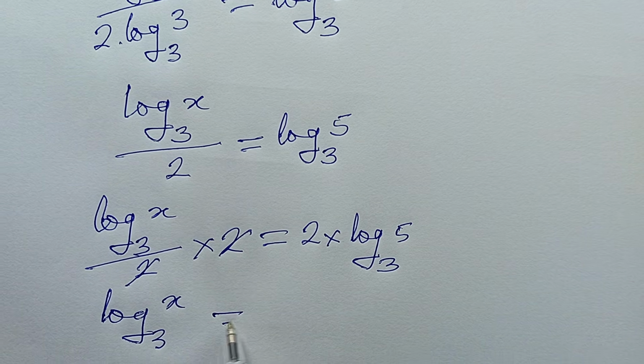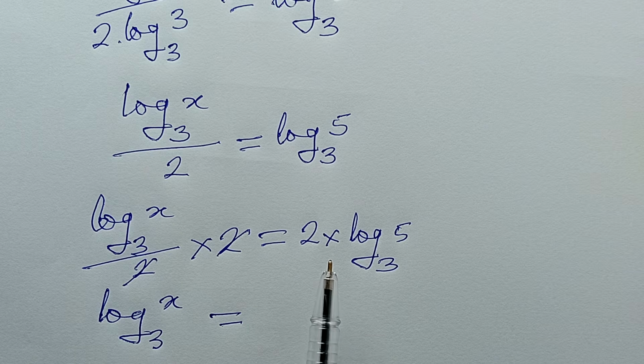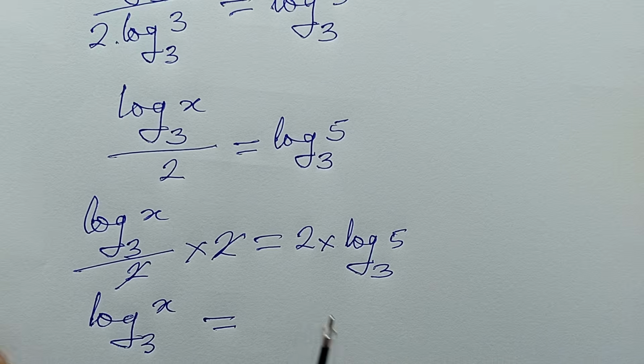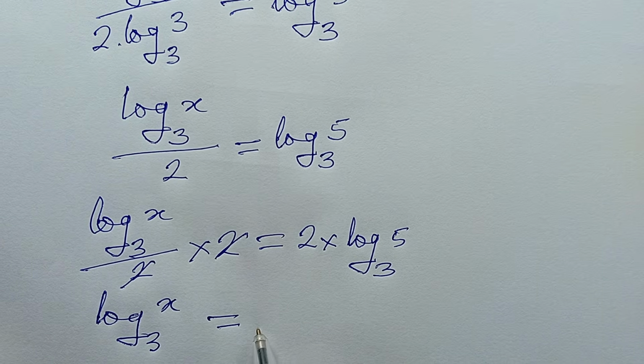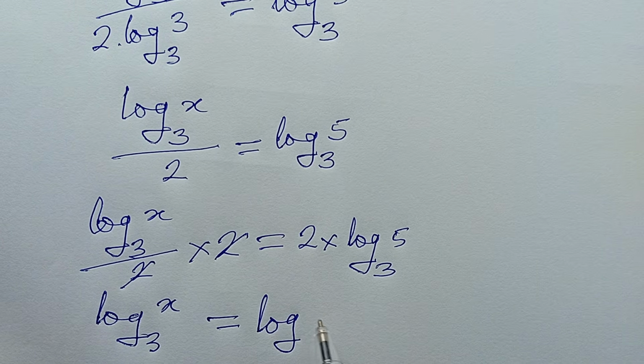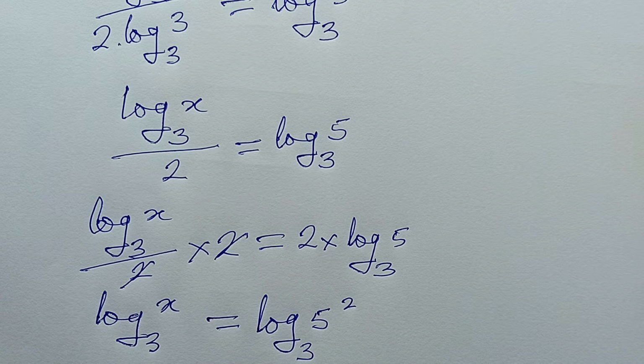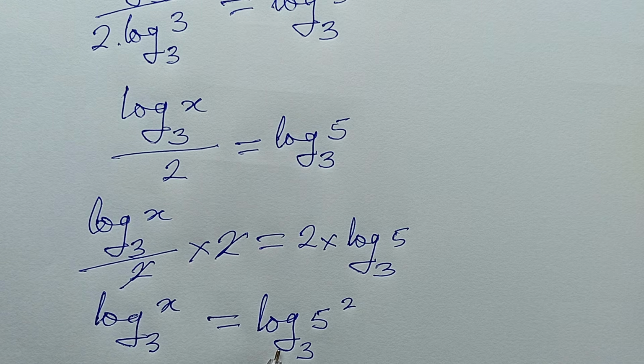Will now be equal to, we apply the power law of logarithm to this again, which is this very law here. So we move this 2 into the bracket. So this is going to give us log 5 to the power of 2 base 3. Good. Now, we have log base 3, log base 3.